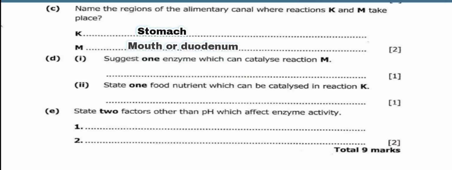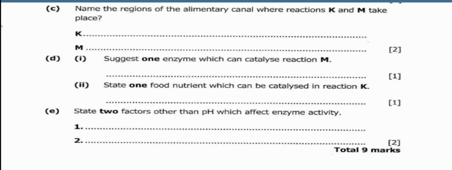Then as for D, Roman numeral 1, suggest one enzyme which can catalyze reaction M. Reaction M is operating under alkaline pH, and you have been given two examples of the region in the alimentary canal where reaction M can take place, that is in the mouth or in the duodenum.